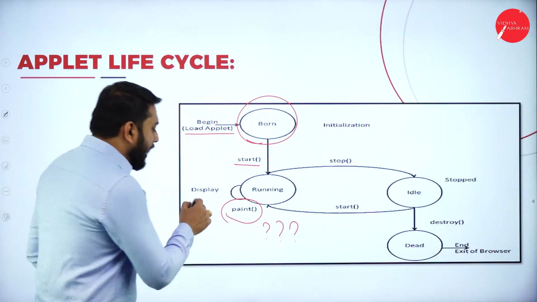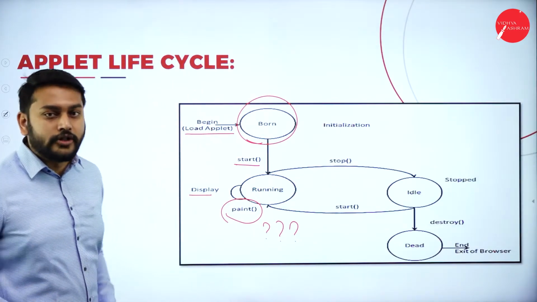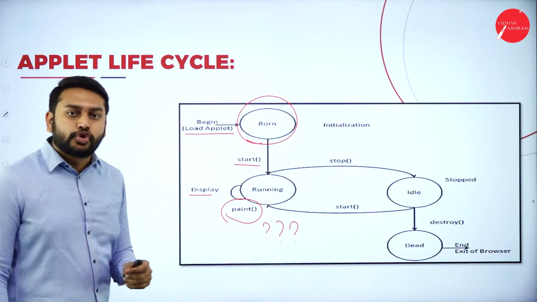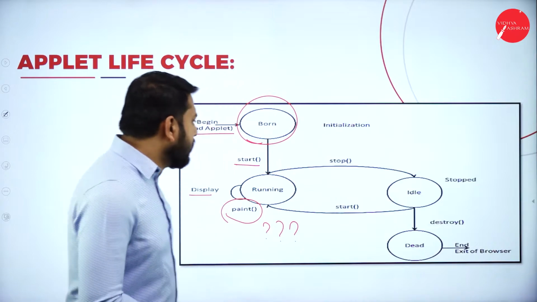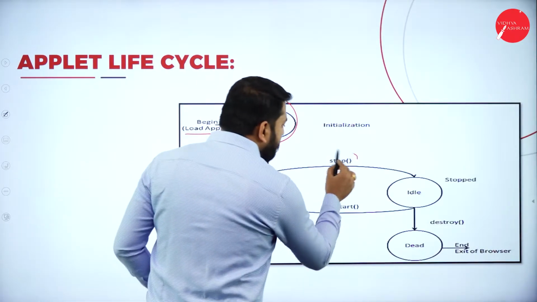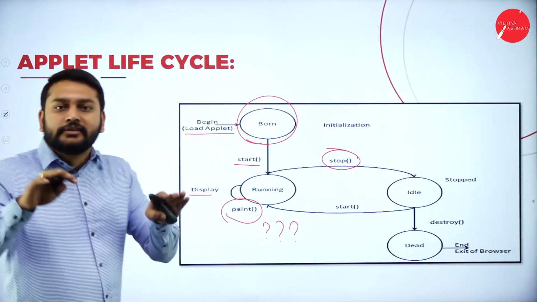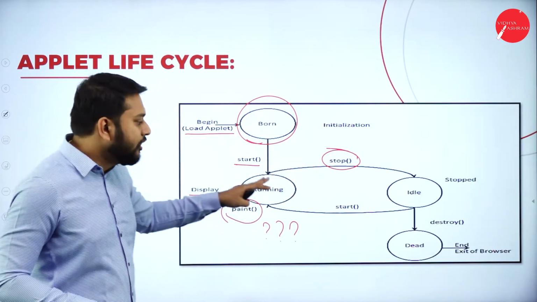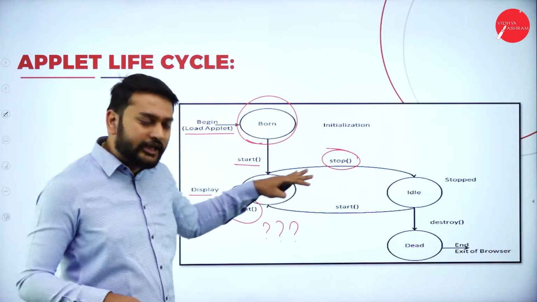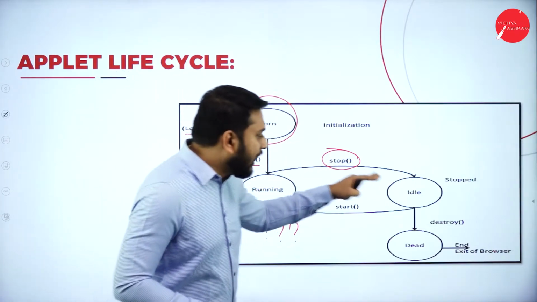And then I have display, remember that also. So in the running state, I will be using the paint method. Then I can also use a method to stop the execution of the applet, called stop. If I use the stop method, definitely from the running state it will go to the idle state.